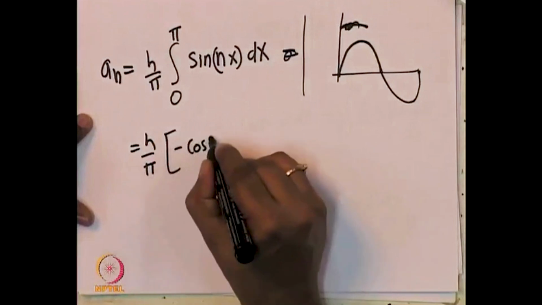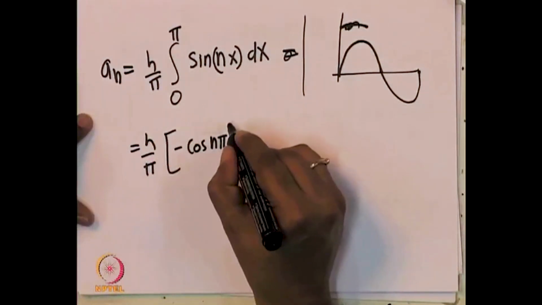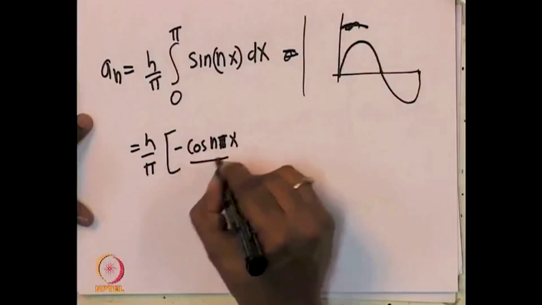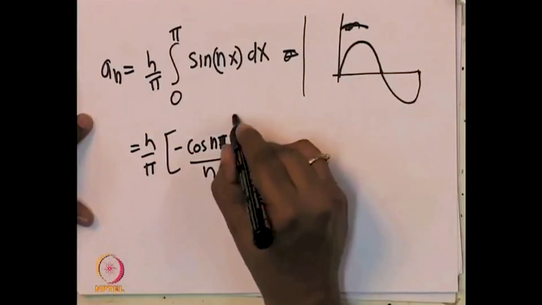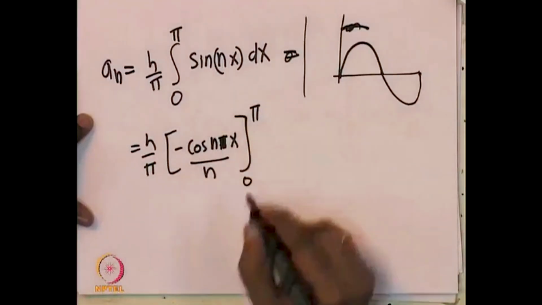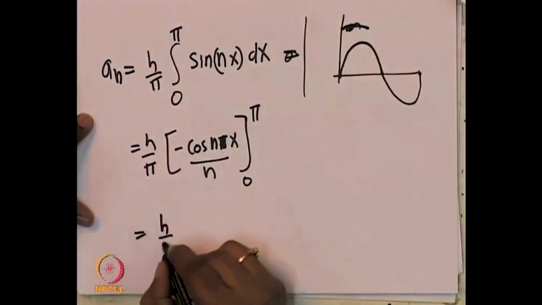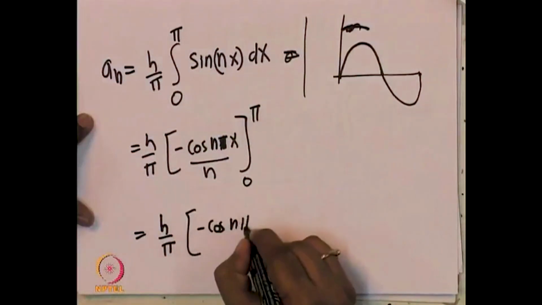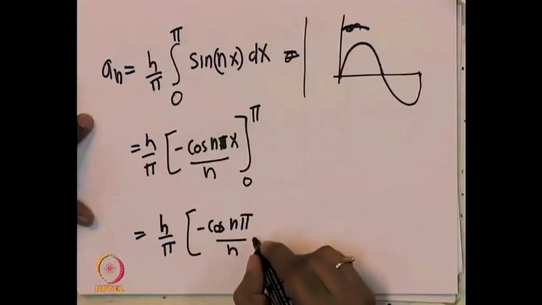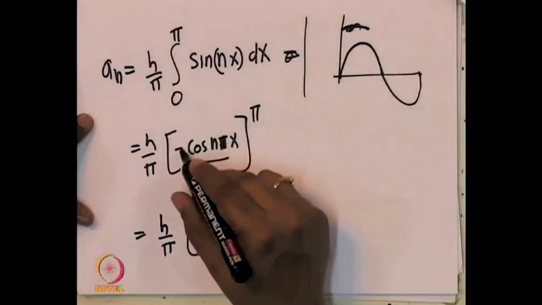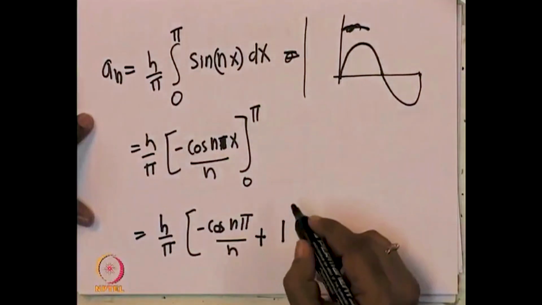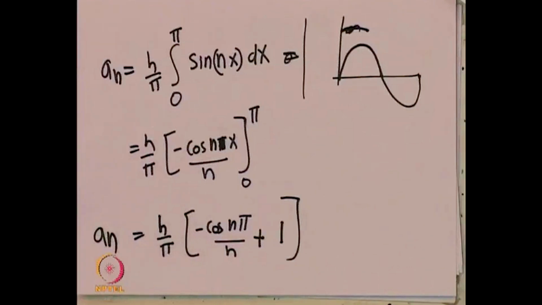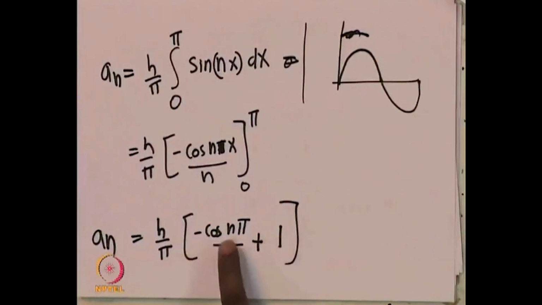So, minus cos n x by n in the limit 0 to pi. So, this is h by pi into minus cos n pi by n, minus cos 0, which is 1, and there is a minus plus, and it is 1. So, this is the answer you will get for a n: h by pi into 1 minus cos n pi by n.